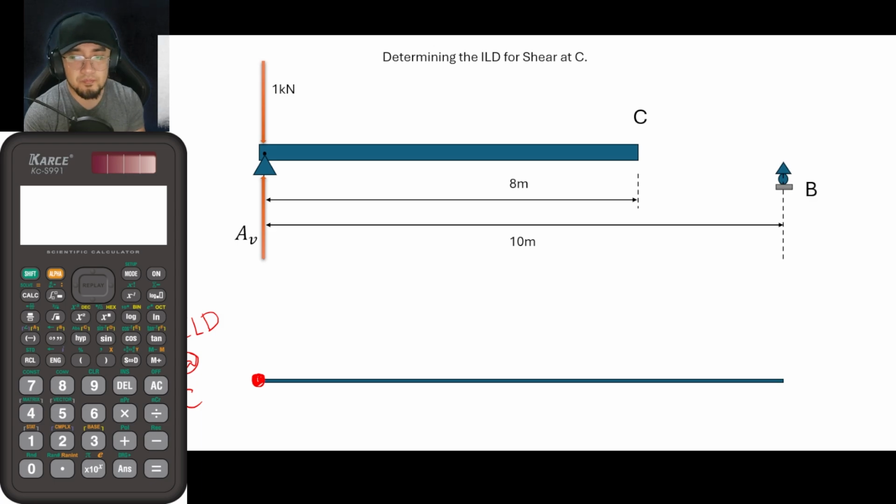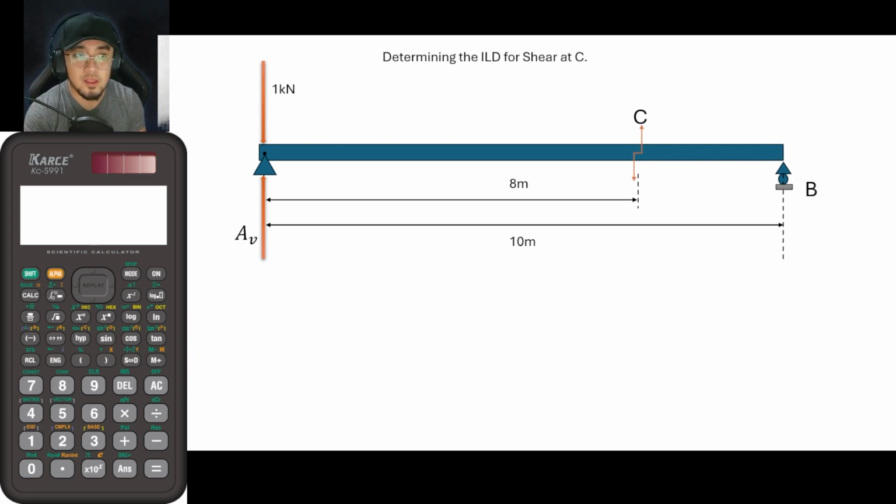So next up, we would now be moving this load. You could move it at this location, it would be up to you, but it would be more efficient if we would now be moving it to this side, up until our section C.